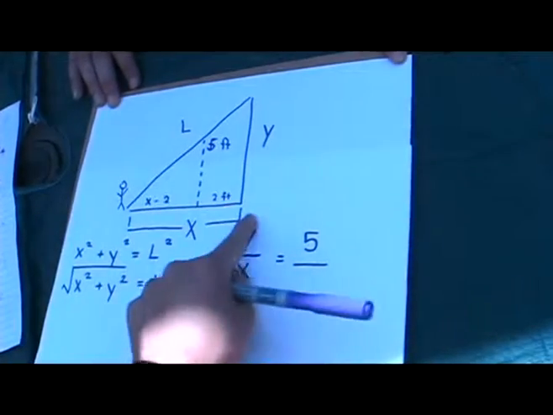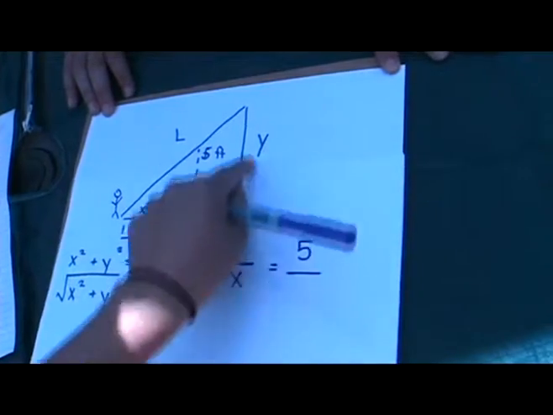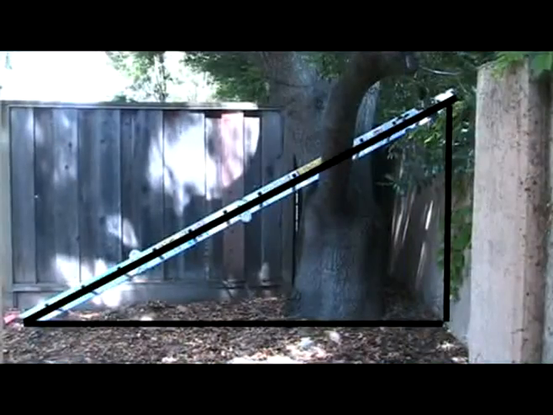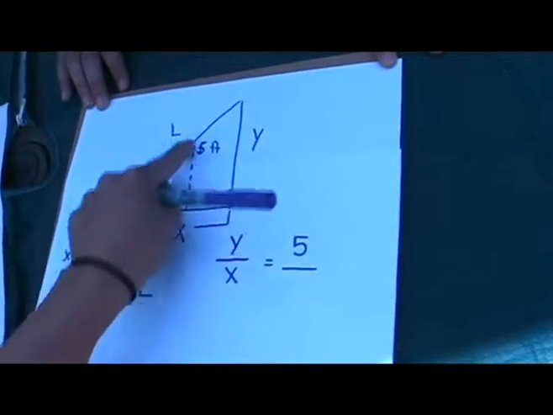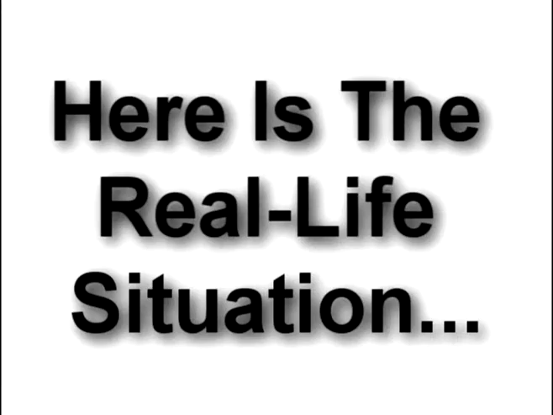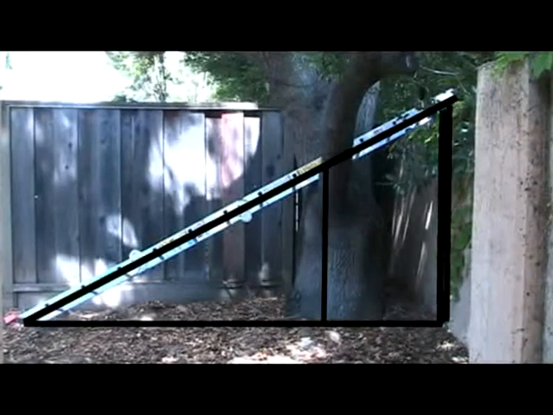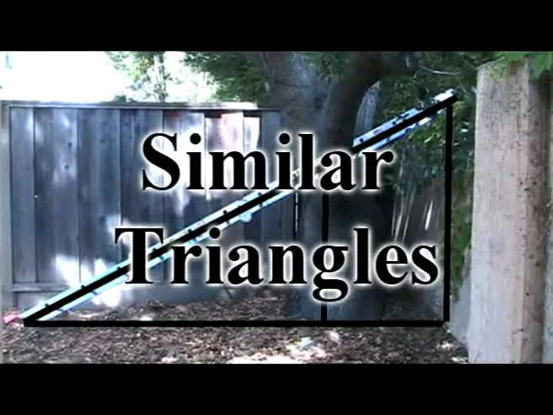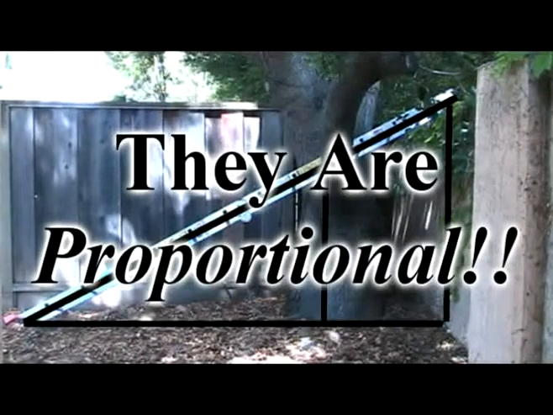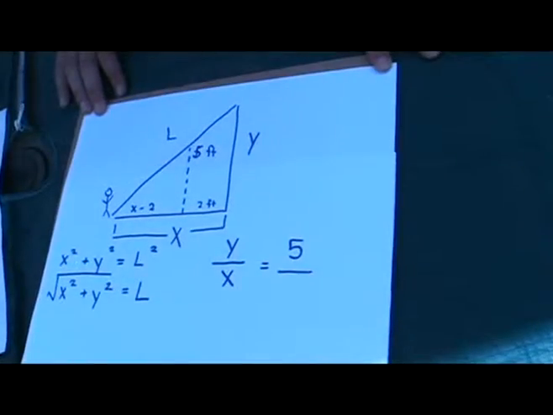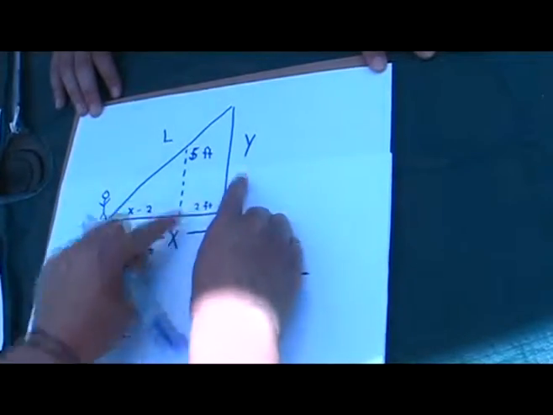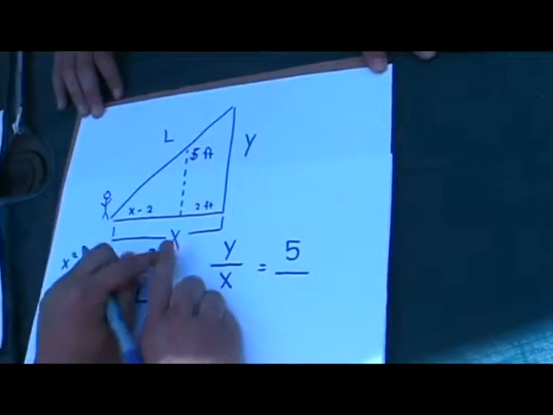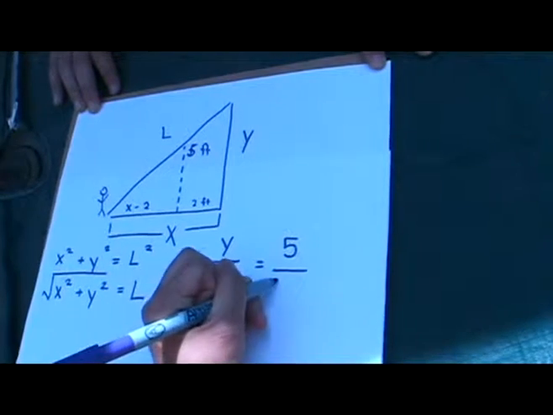And when you see this, you notice there are 2 triangles: one huge triangle, and a second triangle, which are proportional to each other. So y corresponds to 5, and according to that triangle, x corresponds to x minus 2.